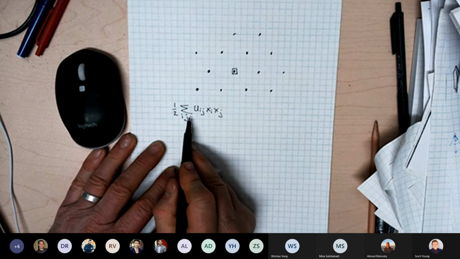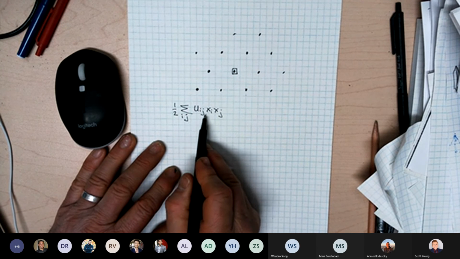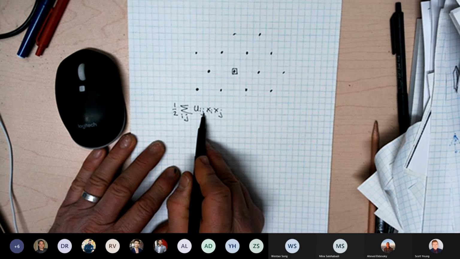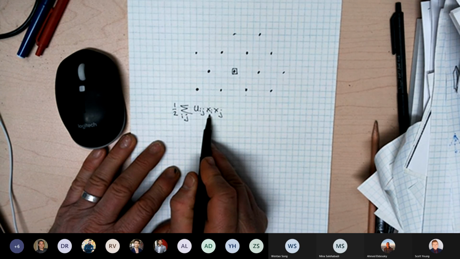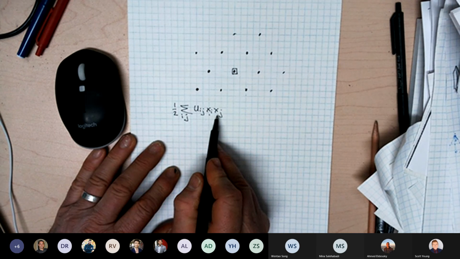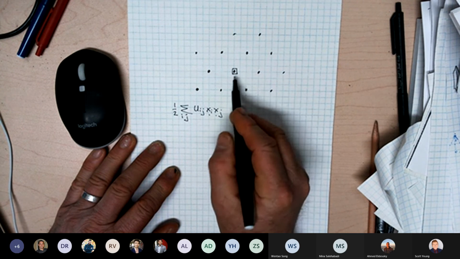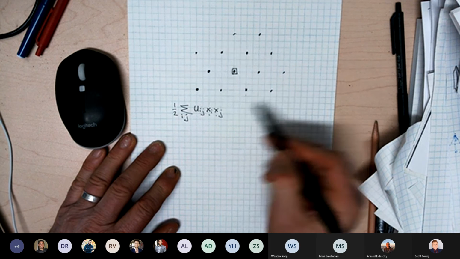This is trying to add up the interaction energies between lithium atoms on site i and j, depending on if site i is occupied and site j is occupied. So for this case, this site is occupied and all the others are not.